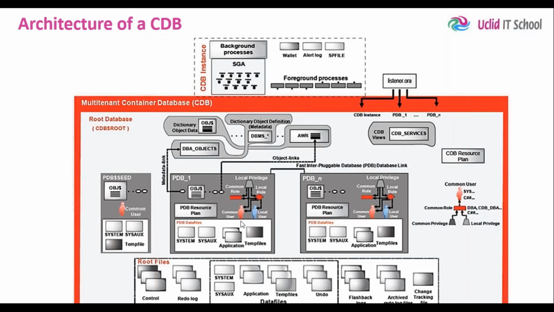When you create a table inside the PDB, that is a local table. The table will be created in the PDB and the metadata is also stored in the PDB data dictionary. Initially, the PDB data dictionary will be empty because all the metadata for Oracle-supplied objects is stored in root.